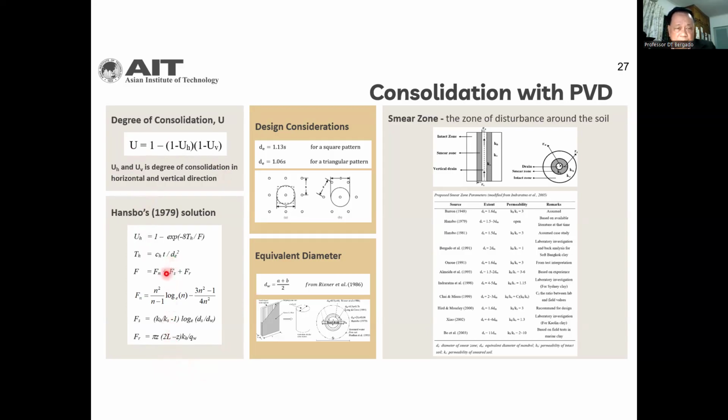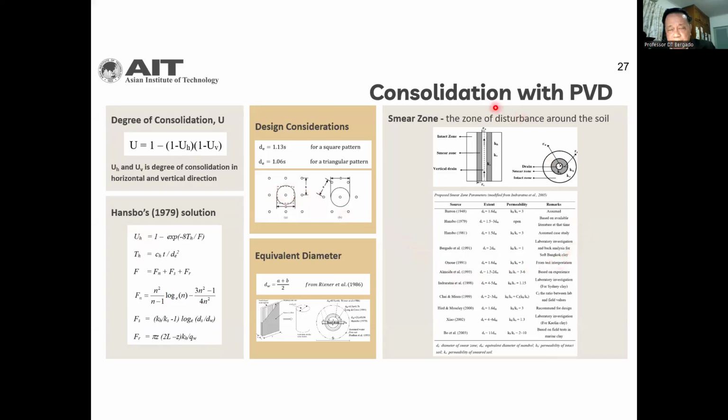And we have here F sub n, F sub r, F sub s. F sub n is spacing, F sub s is smear, F sub r is the resistance to vertical flow. This is the equivalent diameter of the drain, the equivalent diameter of the drainage area for one drain.